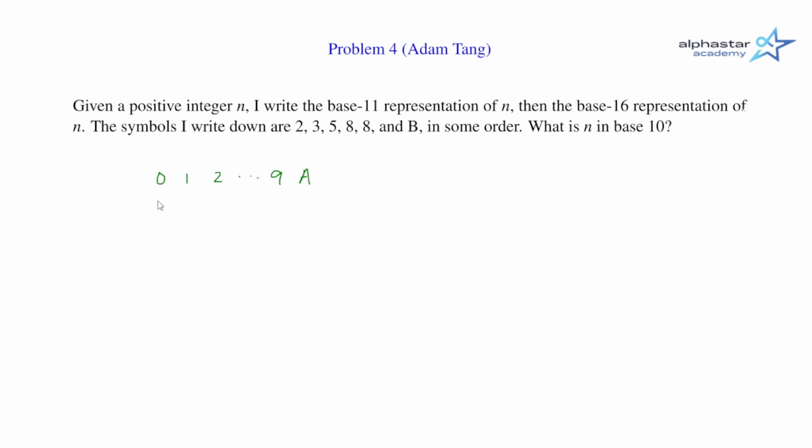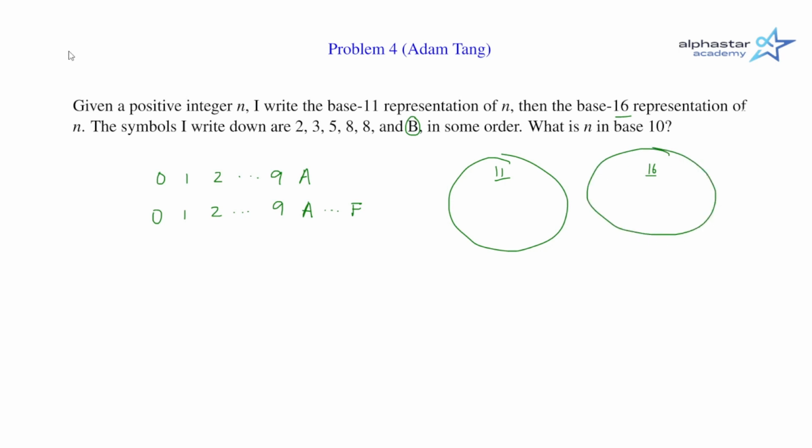And base 16 can only involve 0 through 9 and the letters A through F. Given that B is in one of these representations, it follows that B must be in the base 16 representation. So if you imagine the base 11 versus base 16, B is definitely in the base 16 somewhere.